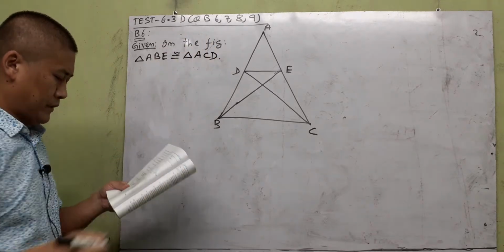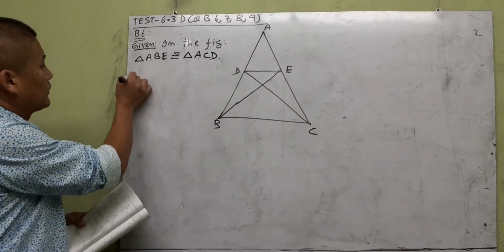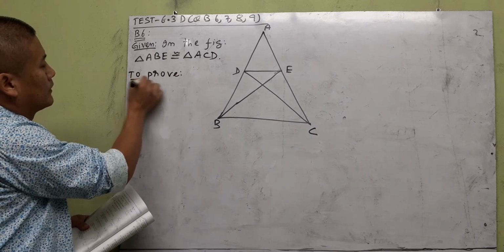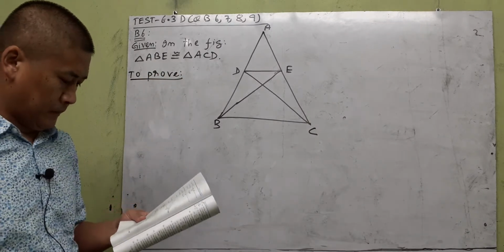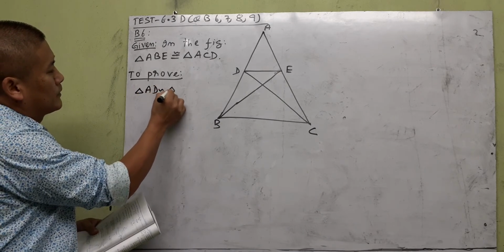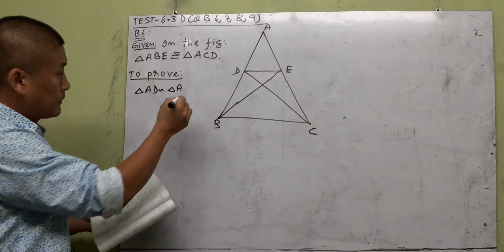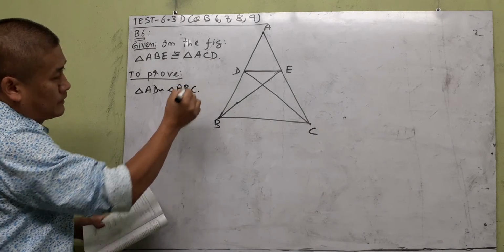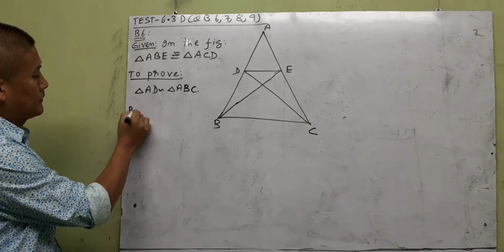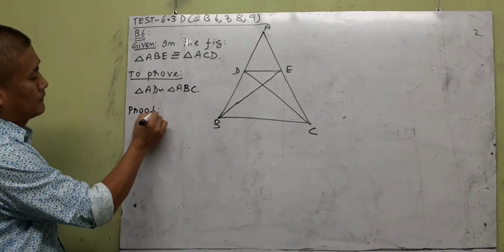These two are congruent. We need to prove here triangle ADE is similar to triangle ABC. Start the proof, means the answer for this proof.